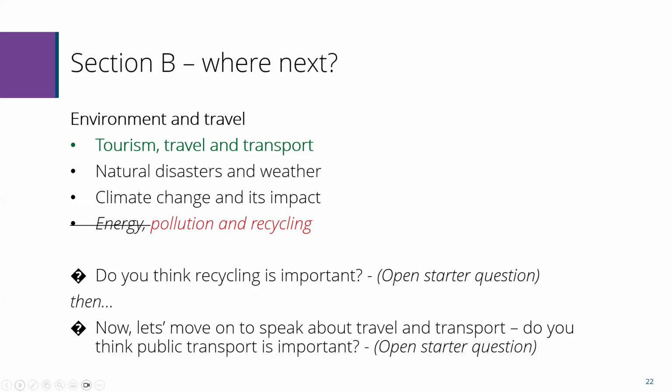The topic that we had on the card was about energy. So we need to develop that discussion a little bit around that energy, pollution and recycling in part B. So we can cross out energy. We don't want to know any more about energy, but we could talk a bit about pollution and recycling.